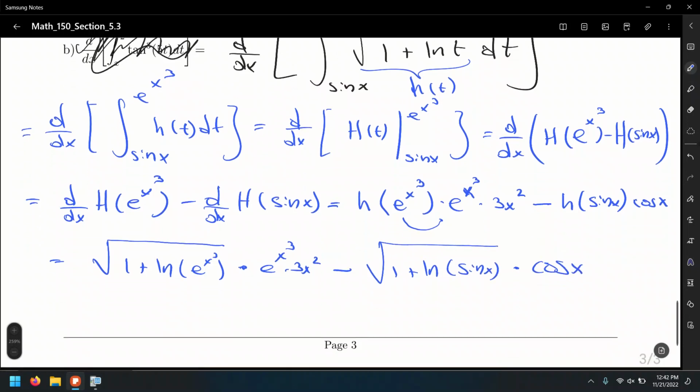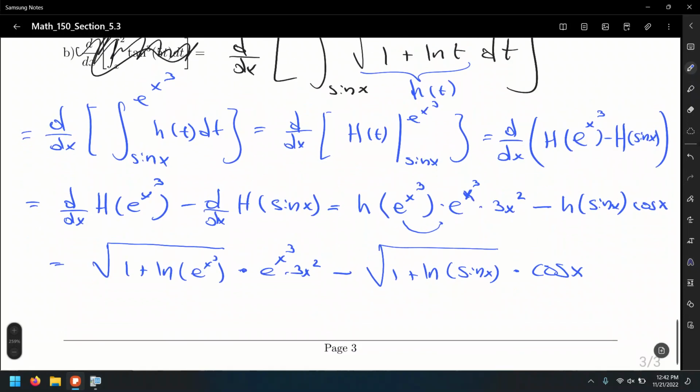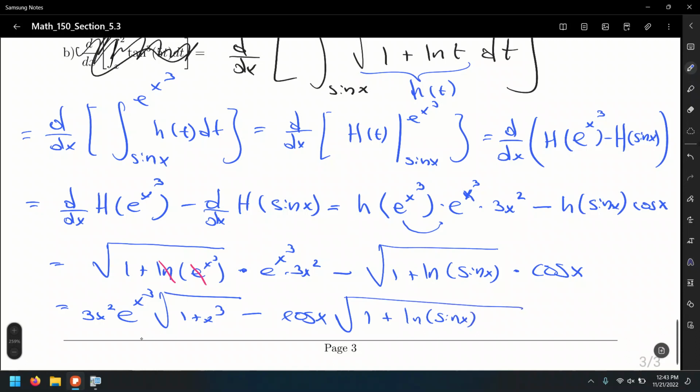We're essentially done, but how about we simplify this a little bit? On the one hand, see how the ln cancels the exponential, leaving us only with x cubed. I would rather have this written the following way: 3x squared e to the x cubed times the square root of 1 plus x cubed minus cosine x times the square root of 1 plus ln of sine x. And we're done.